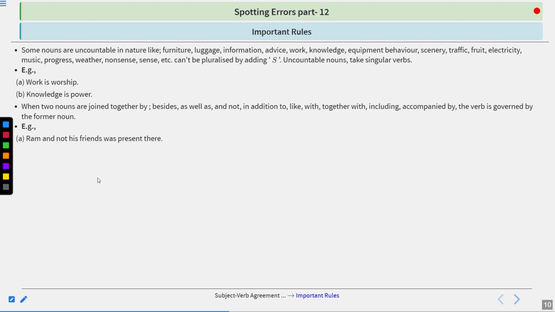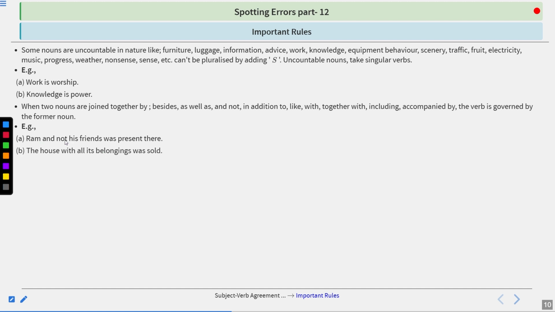Example: Ram and not his friends was present there. So here you can see his friends and Ram, but you have to use verb according to Ram, not his friends, because we have used a phrase between Ram and his friends, which is and not. As per rule, we have to use the verb according to the former one, and the former one is Ram.